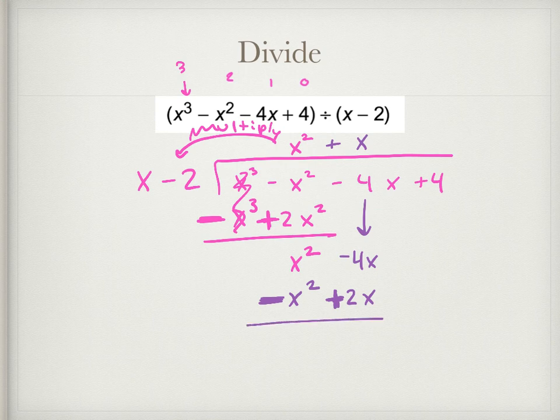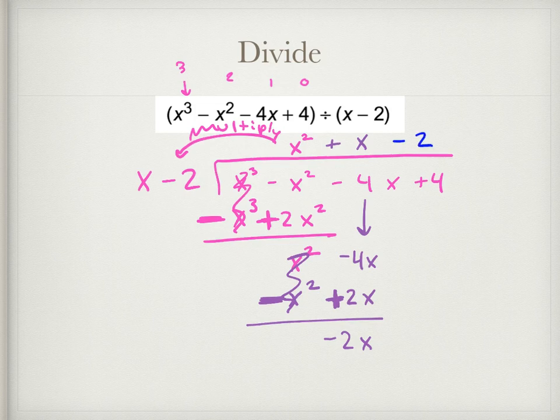Add them. So what's x squared minus x squared? Cancels. What's negative 4x plus 2x? Negative 2x. So what times x gives us negative 2x? 2. Positive or negative?